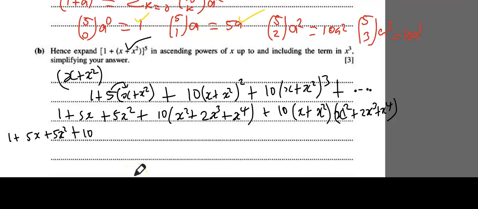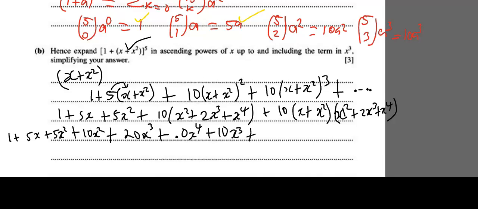This becomes 10x squared plus 10 by 2, 20x cubed, plus 10x power 4, and then plus 10x cubed, and this can continue.